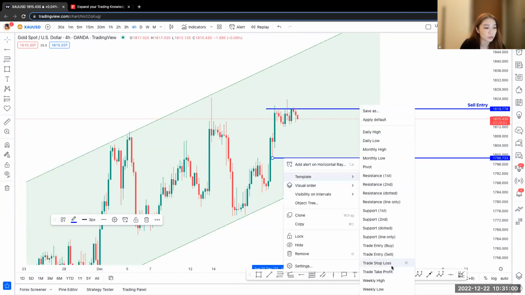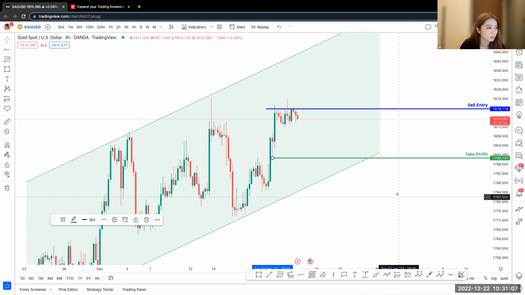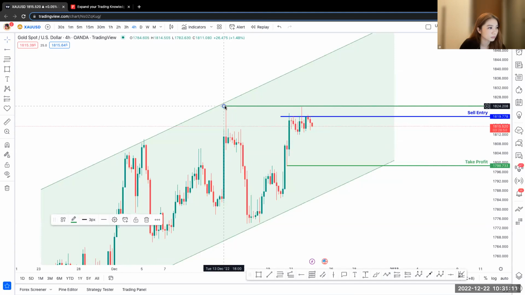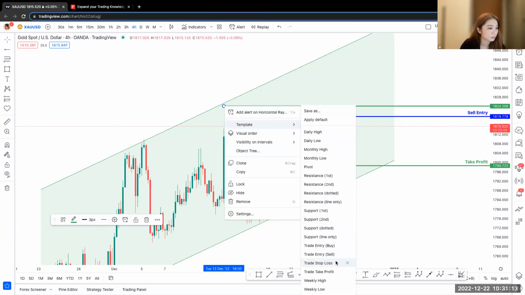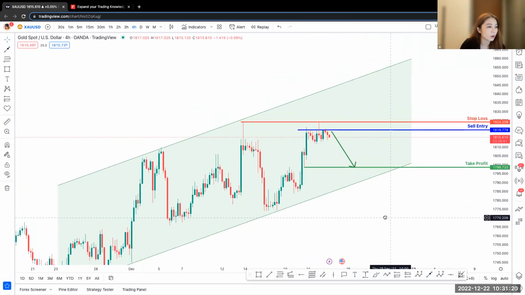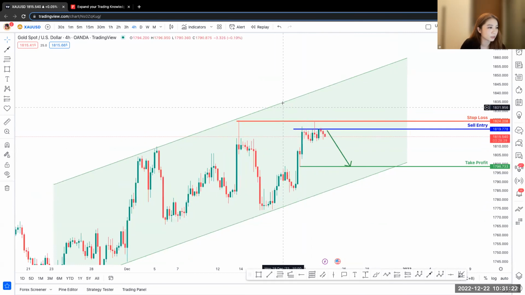If you guys have an opposing view. So normally when I go opposite the big direction, I will more than likely put a very, very close stop loss.